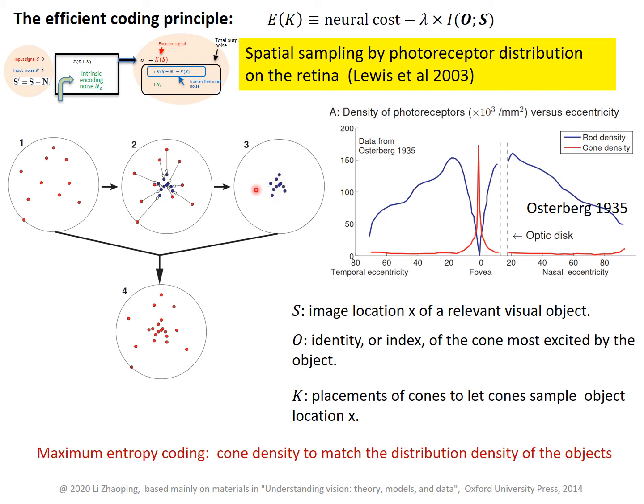So this is the object location after the movement. This is before the movement. And if you combine them together, this is the overall probability of objects on our retina. Of course, sometimes when it's not very close, you may move again to get them closer. So you may do more than one eye movement to get the object closer to your fovea.